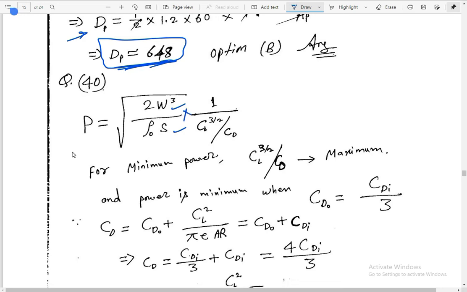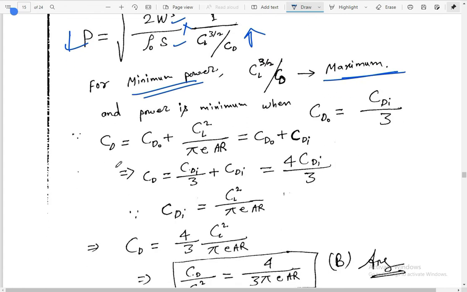For minimum power, CL to the 3 by 2 by CD must be maximum. If it is maximum, power will be minimum. And the power is minimum when CD naught is equal to CDI by 3. This is the condition for minimum power.